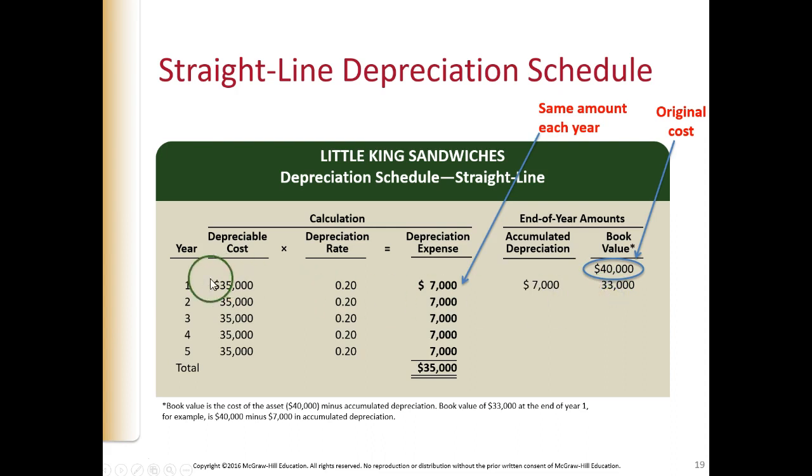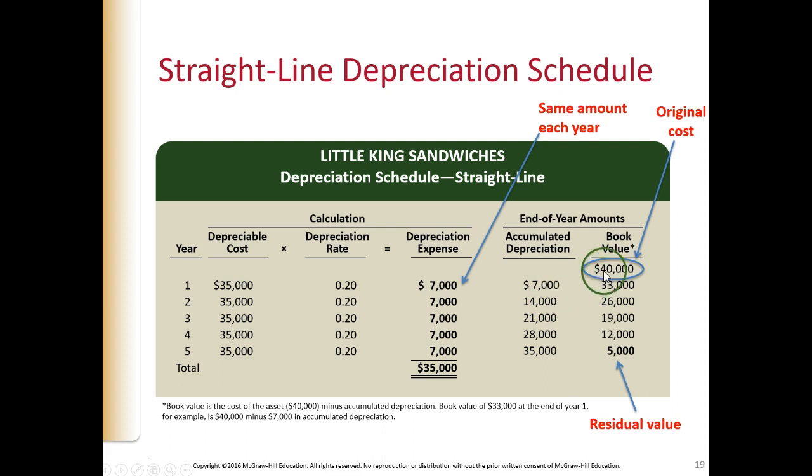Year number 2, and on through 3, 4, and 5, same depreciation per year. That's why they call it straight line. Same each year. Total of $35,000 in depreciation over the entire 5-year period. In this second year, we're taking the year before's $7,000 in accumulated depreciation, adding this year's depreciation expense, and getting $14,000 as the new total in accumulated depreciation.